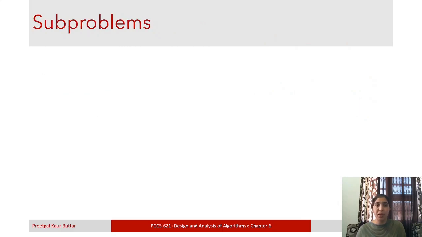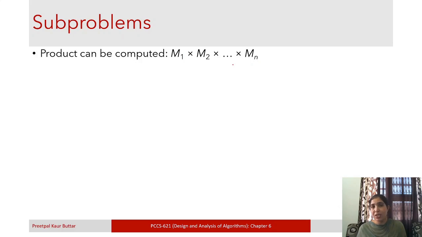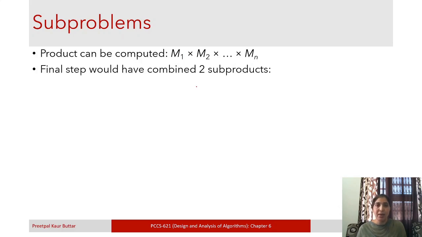Okay. So in this problem, we have a number of subproblems. So let us look at these subproblems. We see that the product can be computed by multiplying m1 into m2 into m3 and so on till mn. Okay. So your final step will comprise of two subproducts. What are those?